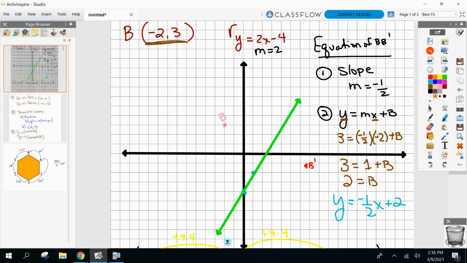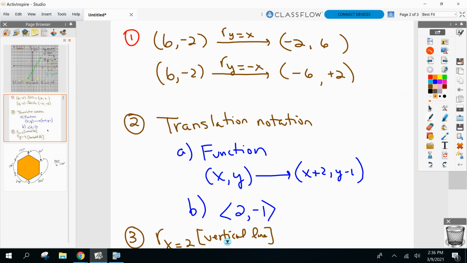In our packet, we had function notation, vector notation, and then another one. We don't have a name for it, so that's why we just called it other. All you got to be able to do, with that notation, is recognize it.